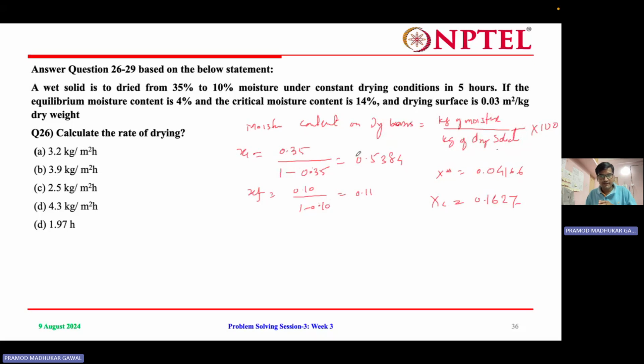So I calculated these here. You have to put these values in your calculation.